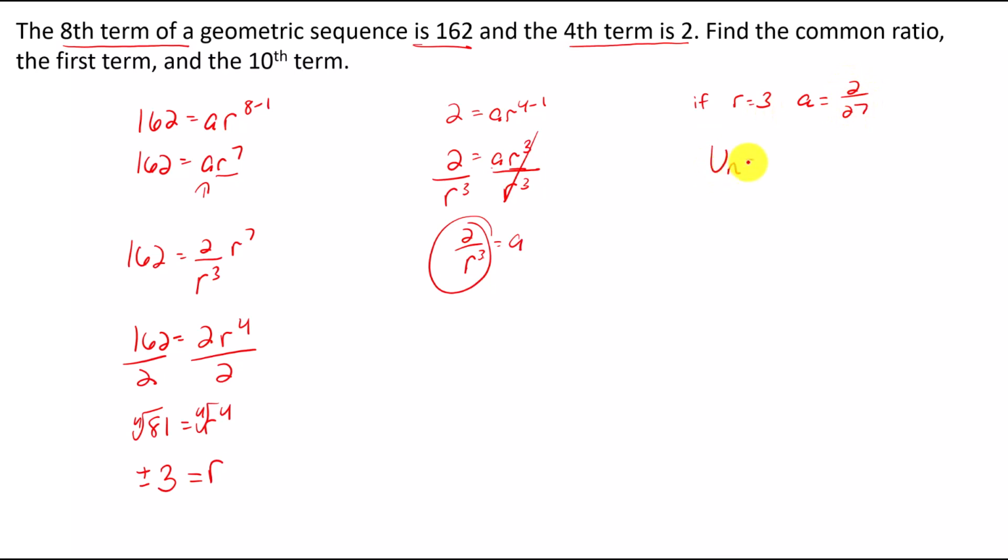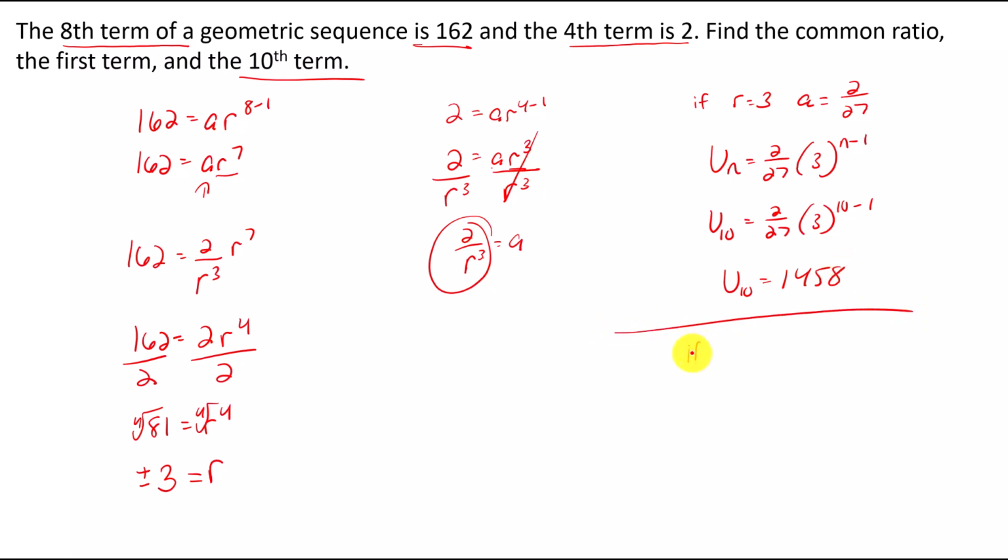So u sub n equals 2 over 27 times 3 to the n minus 1. Again, we're finding the 10th term. So u sub 10 equals 2 over 27 times 3 to the 10 minus 1. Okay, and when you do that math, you get 1,458.